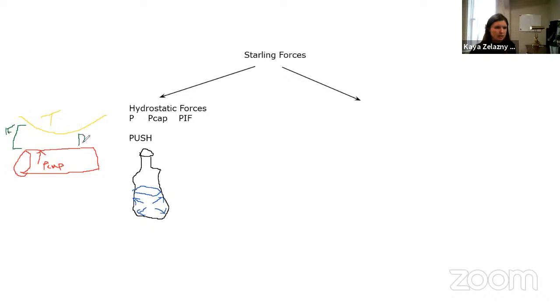And that pressure is in the opposite direction, right? Oop. So this is, it's not erasing. This is our PIF. Okay, so our pressure of the interstitial fluid is the pressure of that force pushing back in towards the capillary. So it's like pushing on this wall, but from the opposite direction.